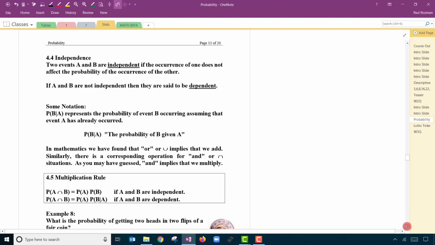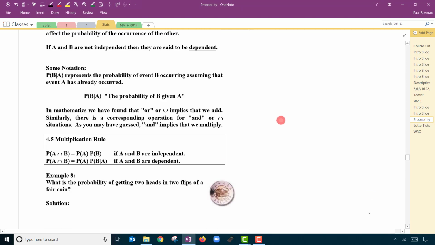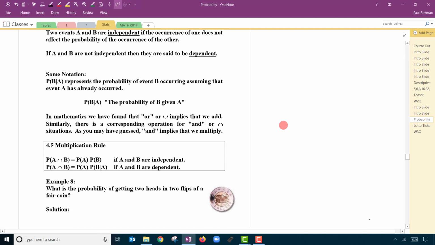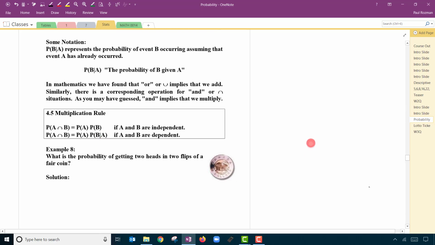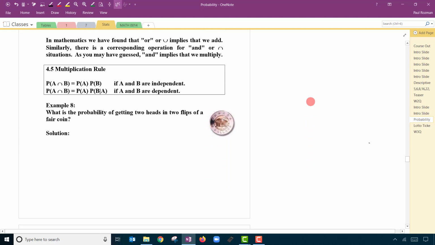We've already actually been using it because it comes directly from the multiplication rule from counting. If you want the probability of A and B, you just do the probability of A times the probability of B. That is, if they're independent. If they're dependent, you find the probability of A first, and then you find the probability of B given that A already happened. We'll see some examples so you can get a feel for what's the difference between those two.